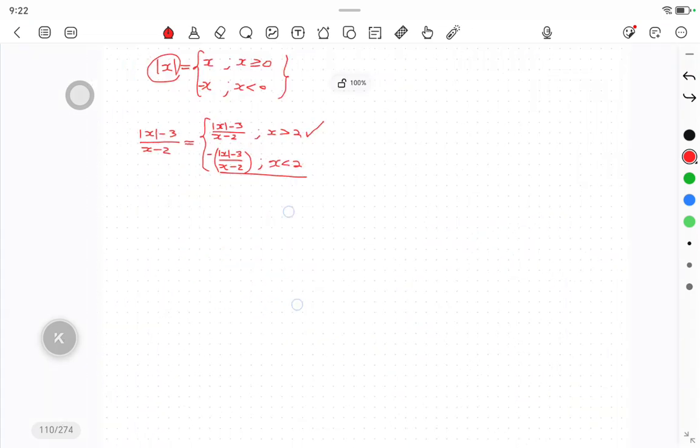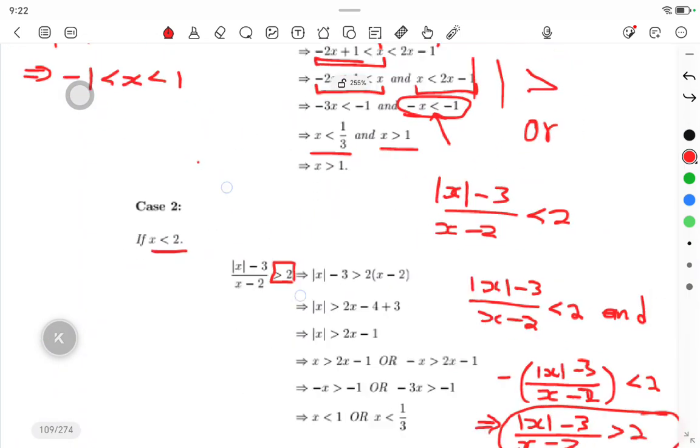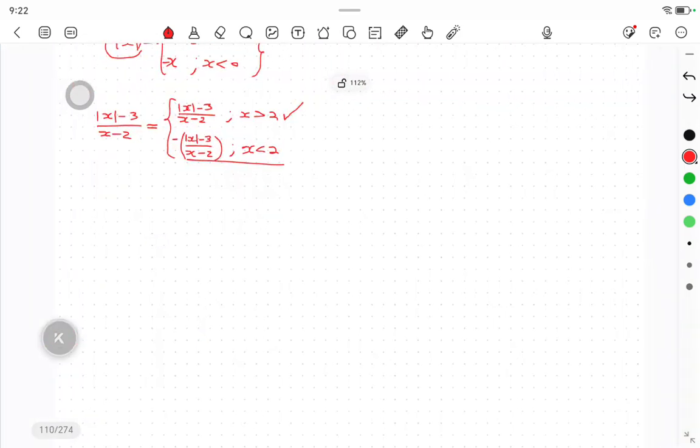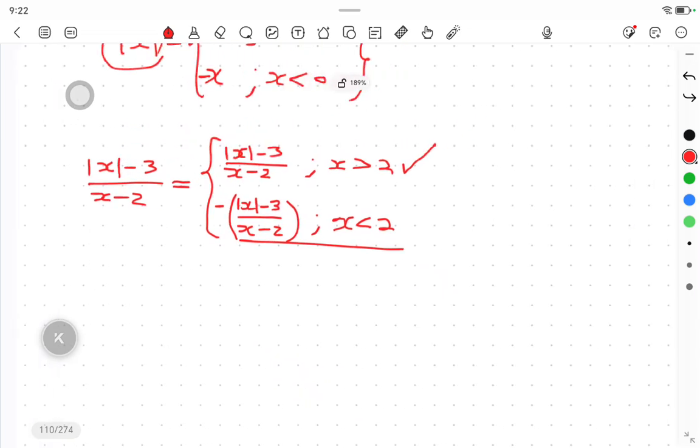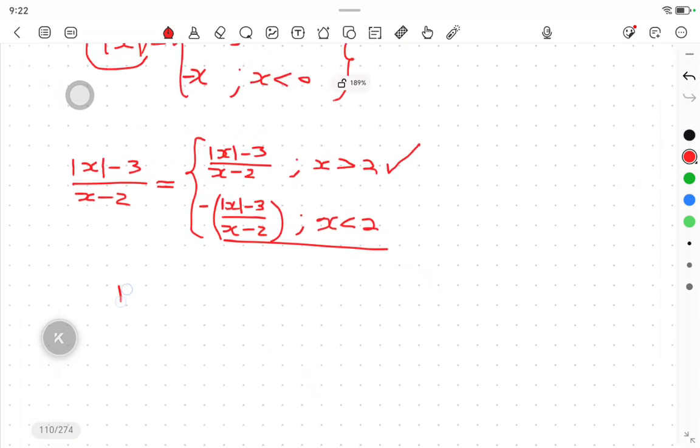So if we go back here, let me just take them from here and say that if x is greater than 2, this will remain the same. Remember, the original equation was like this. It was saying this is less than 2. So you're just going to solve it like this. You need to make sure that the absolute value of x is alone.